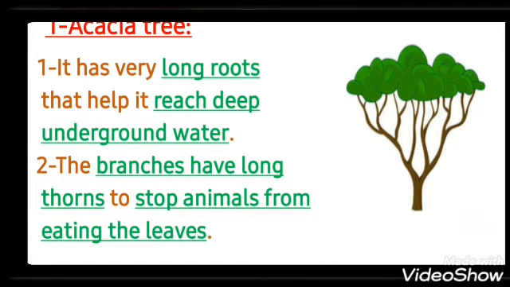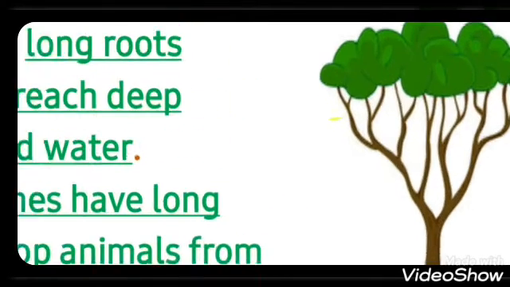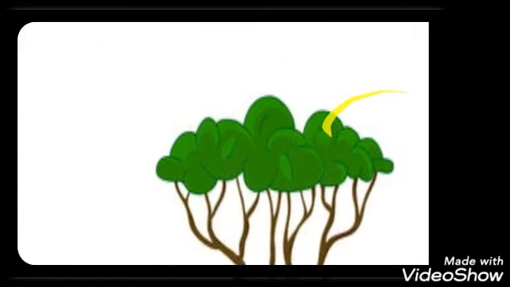When the animals come to this tree and touch the thorns, it will stop the animals. These thorns help this tree to stop the animals from eating its green leaves.